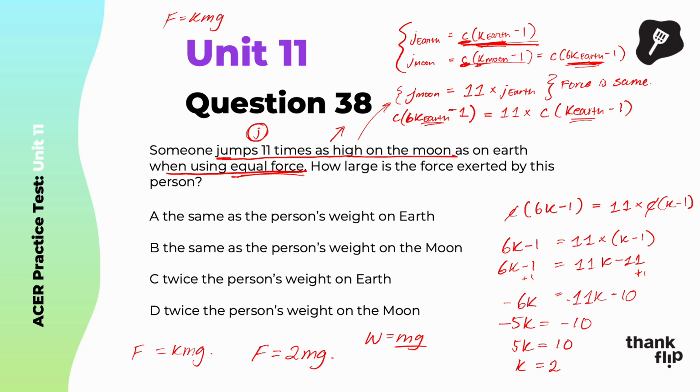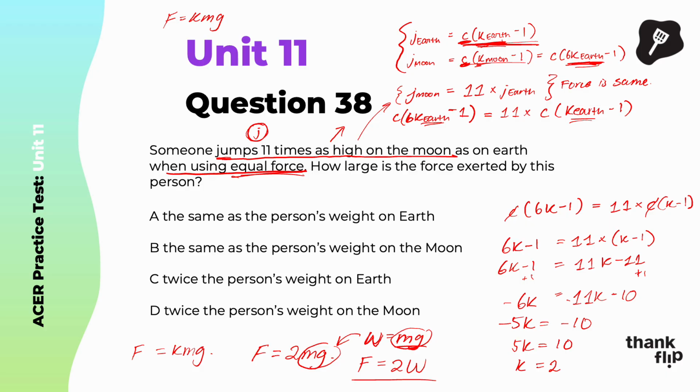Force is equal to mass times acceleration. So the force that is defined by weight is equal to the mass of the person multiplied by the gravity, which is the downward acceleration that we have, right? So we can say force is equal to 2 times W, because we know that W is equal to mg.